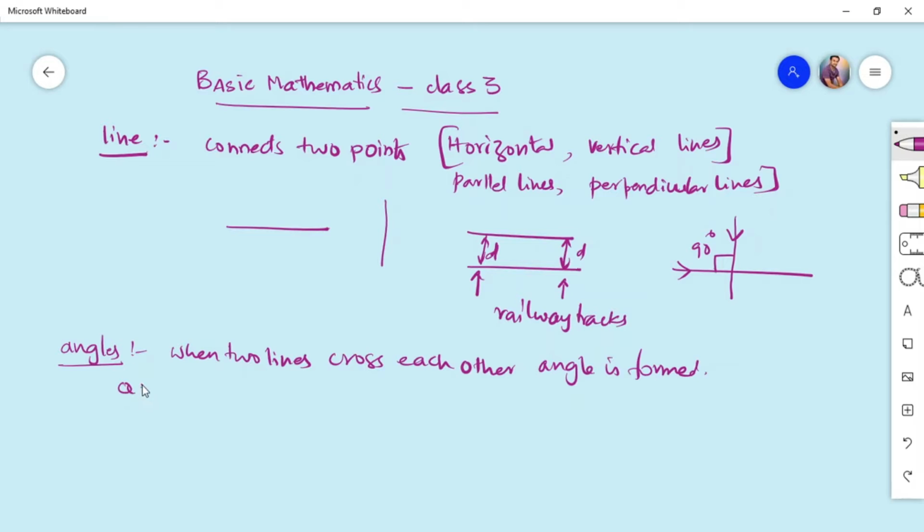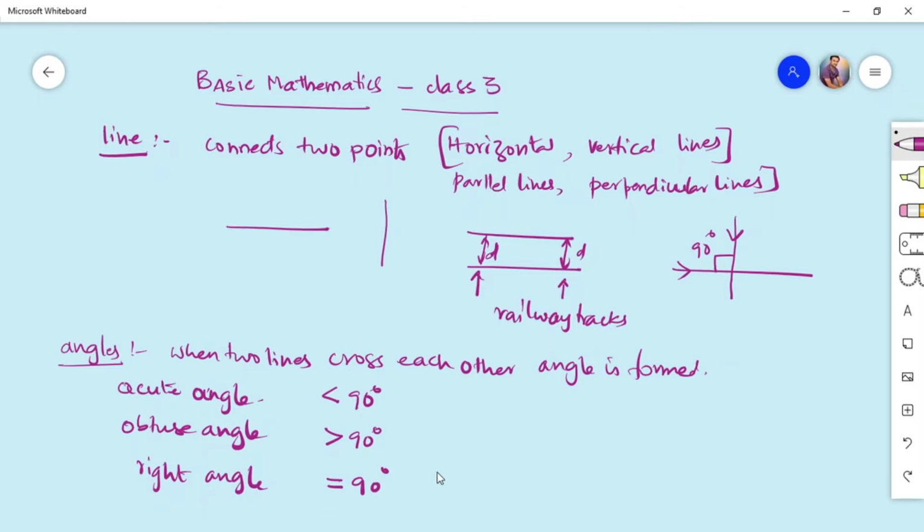One is the acute angle, the obtuse angle, and the right angle. An acute angle is an angle which is less than 90 degrees. An obtuse angle is an angle which is more than 90 degrees. And a right angle is an angle which is exactly equal to 90 degrees.